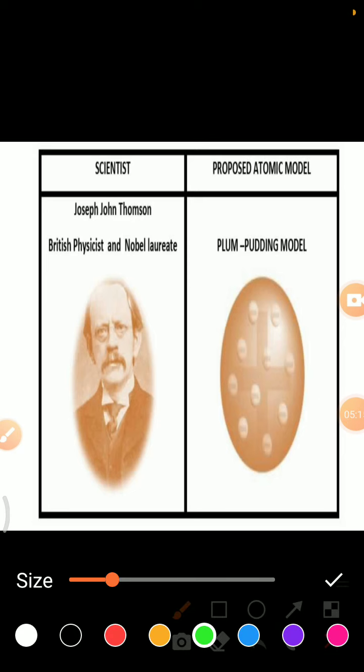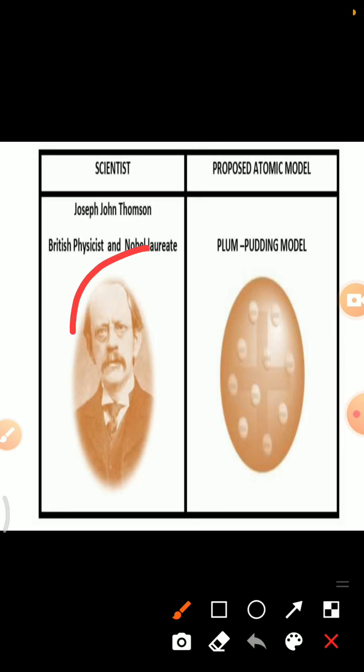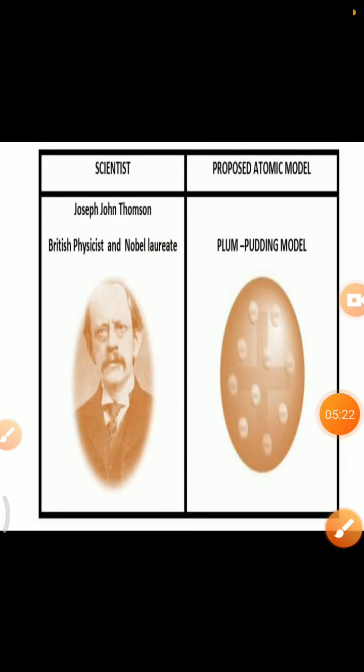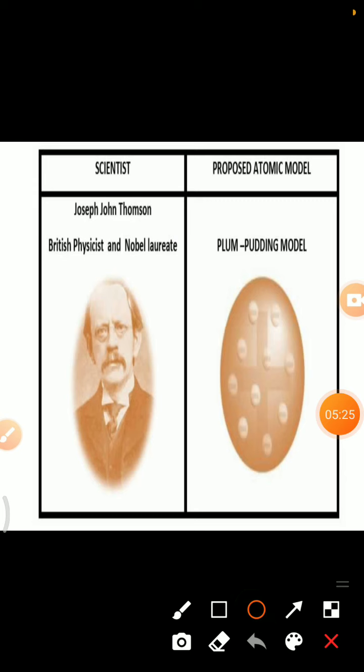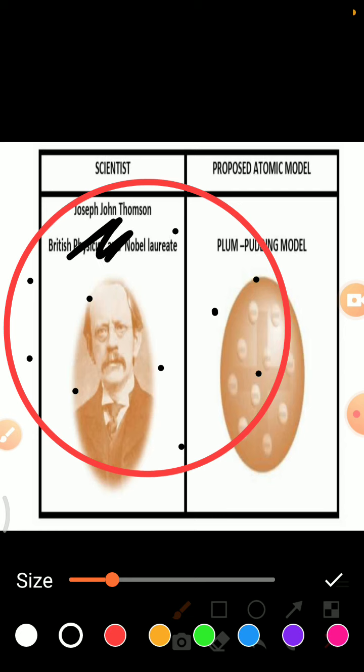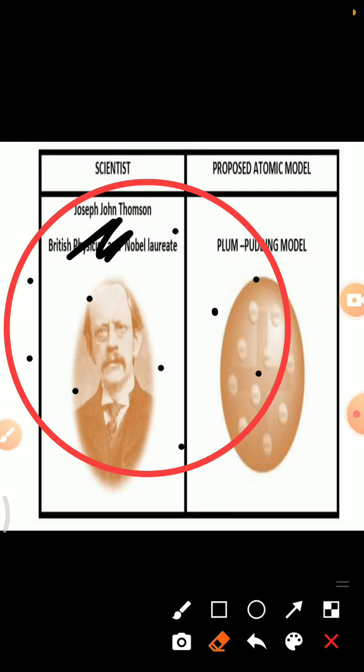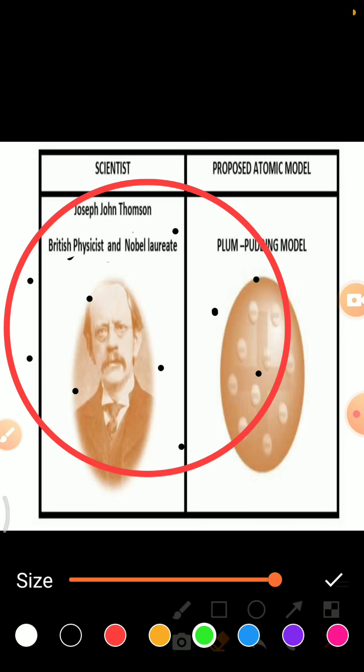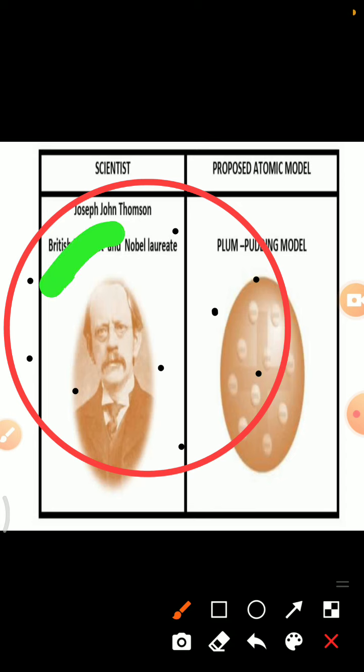If this is the structure of an atom, then it was said that there would be some electrons, like seeds in a watermelon, and everything else, this part, would be of protons.